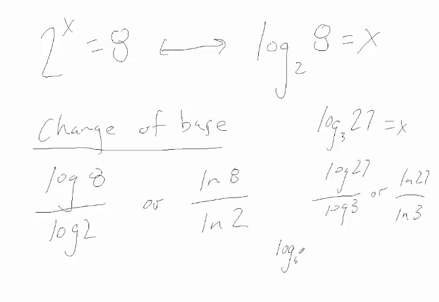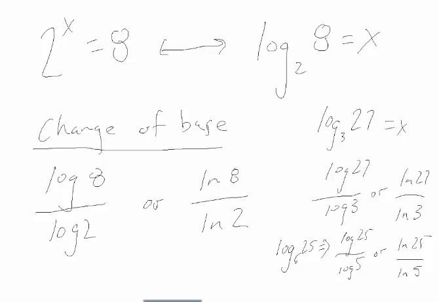Log base 5 of 25 equals log of 25 over log of 5, or ln 25 over ln 5. So for this one, maybe we can figure out that 2 to the third power equals 8. Here, 3 to the third power equals 27. 5 to the second power equals 25.